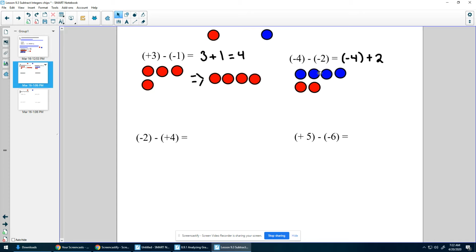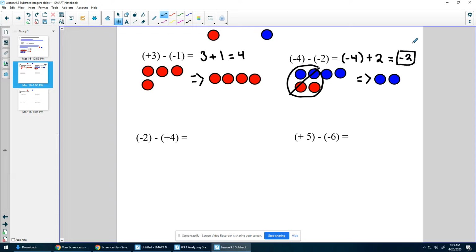That creates 0 pairs. Those are now gone, and we are left with negative 2. Okay, negative 2.